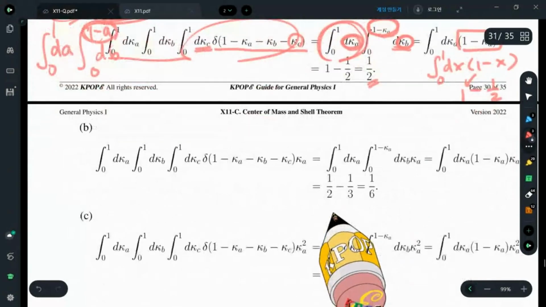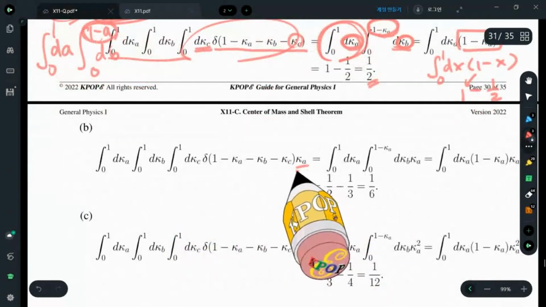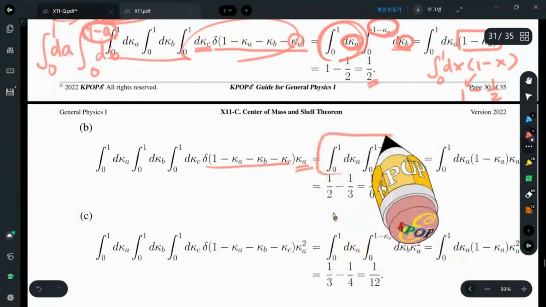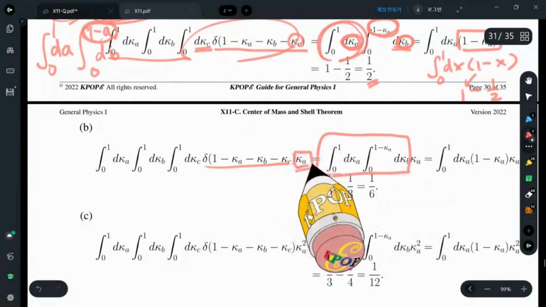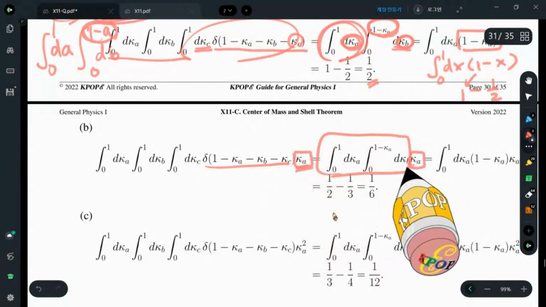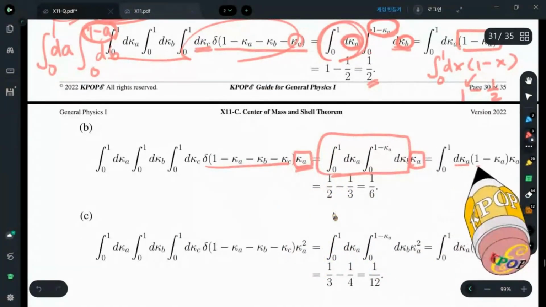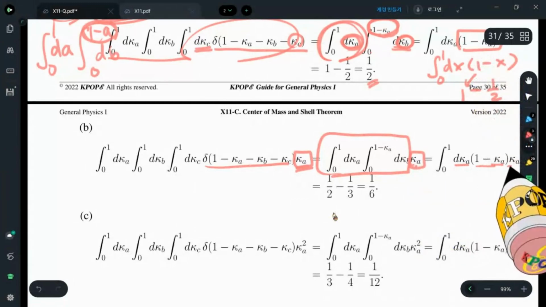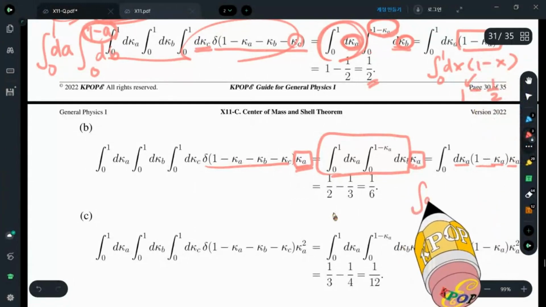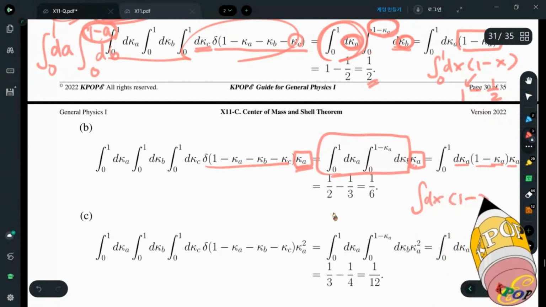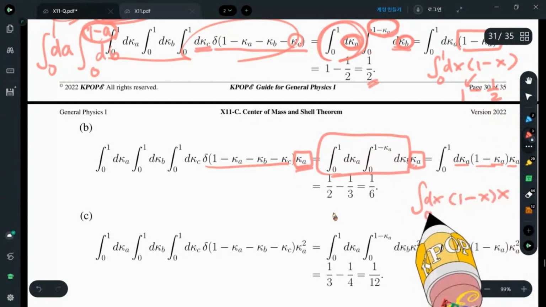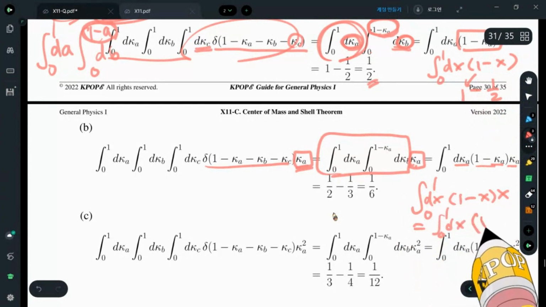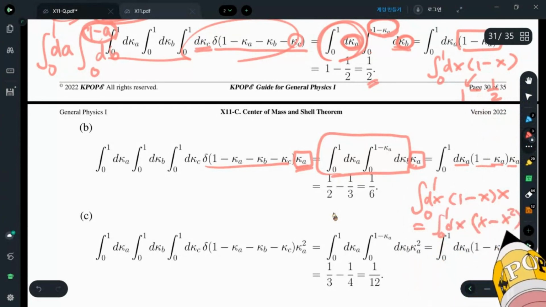We can do a similar job for kappa A. Then we do the same job, and we have a kappa A in here. And we have kappa A, 1 minus kappa A, exactly the same, but with the additional factor kappa A. What is this? The integral of dx, 1 minus x, from 0 to 1. This is the 0 to 1 integral of x minus x squared.